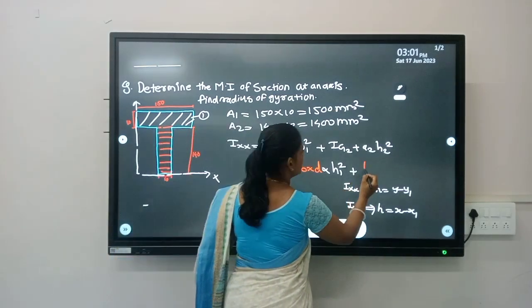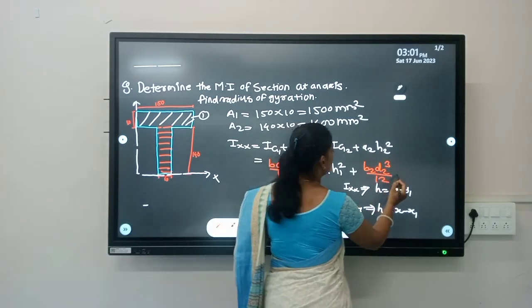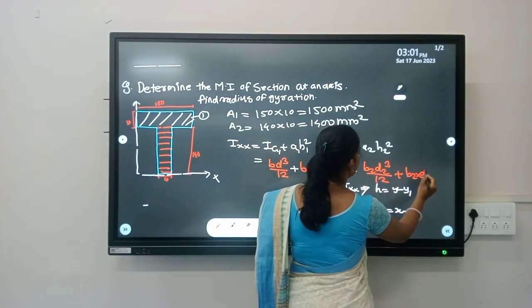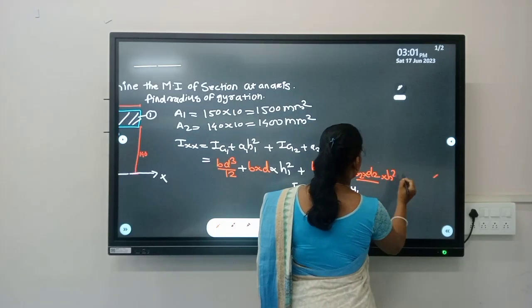Suppose it is B2 D2 cube divided by 12 plus B2 into D2 into H2 square.